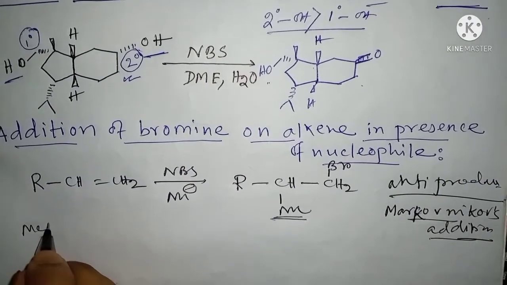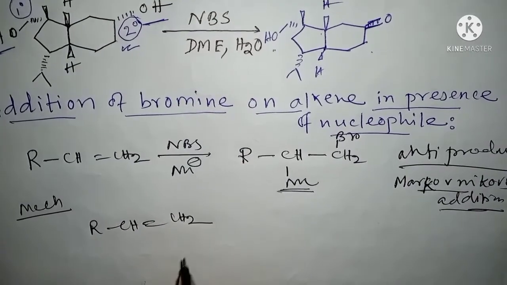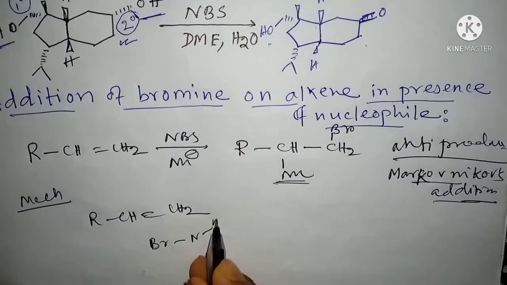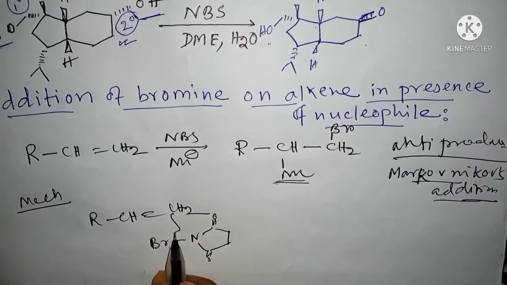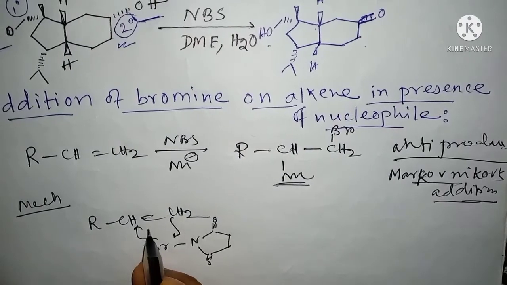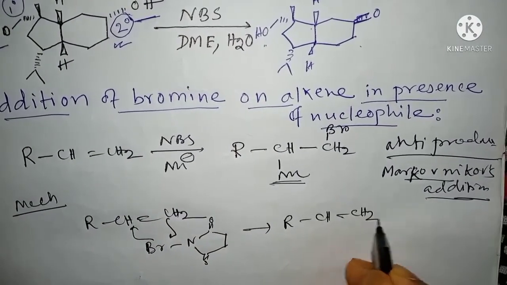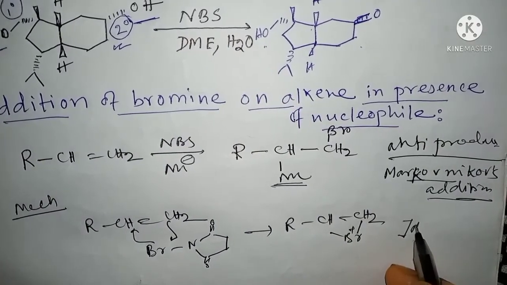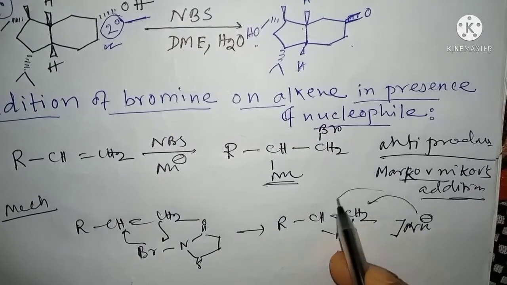Now the mechanism, this is most important. RCH double bond CH2 in presence of NBS, this is Br N double bond O, this is the NBS structure. So first, addition of bromine forms RCH CH2 Br plus. Then the nucleophile attacks this side or this side.